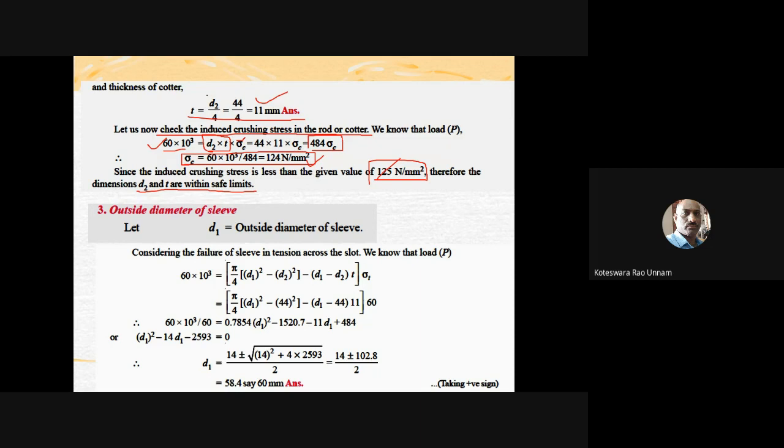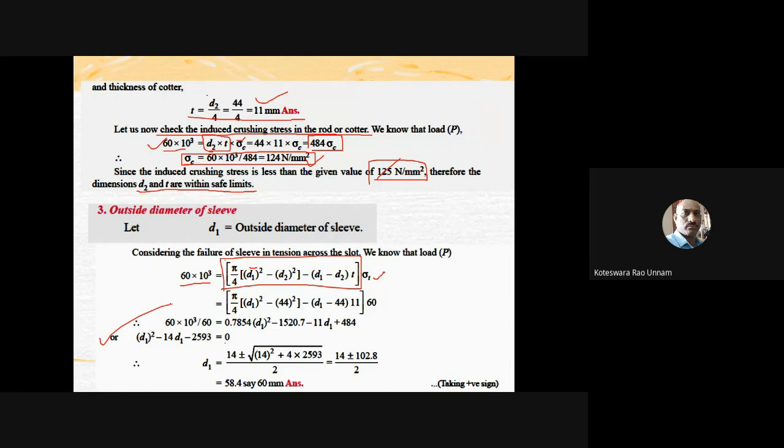So this is the resisting area for the tearing of the sleeve across the slot, and then multiplied by the tensile strength sigma T will give you the total strength of the sleeve across the slot. It should be equal to your applied load, that is 60 kilonewtons. In this equation we know everything except D1. So you substitute those values here, and if you simplify this, you will get a quadratic equation for D1.